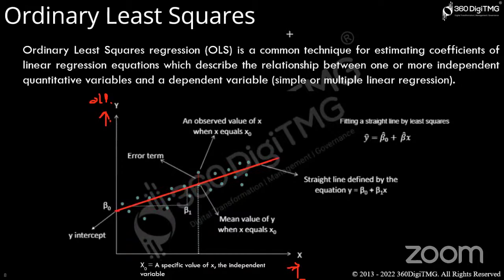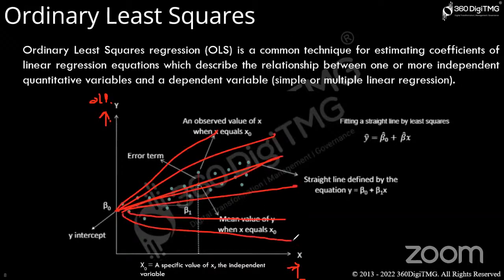I'm not directly drawing the regression line, right? I'll be doing multiple iterations. So the algorithm will do multiple iterations and calculate the error term. So what is the regression line? It is a predicted line, you can say. The equation of the predicted line is beta naught plus beta 1 into X. What are beta naught and beta 1 here?